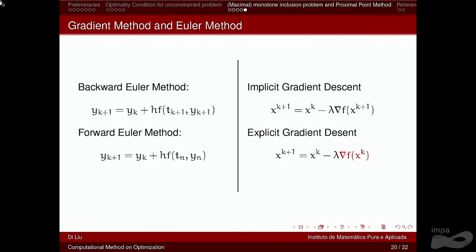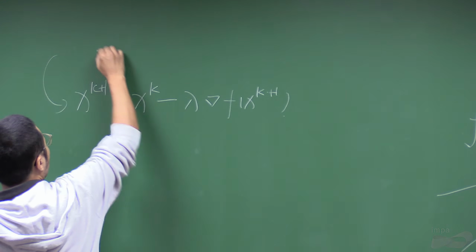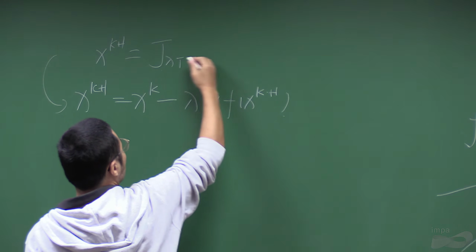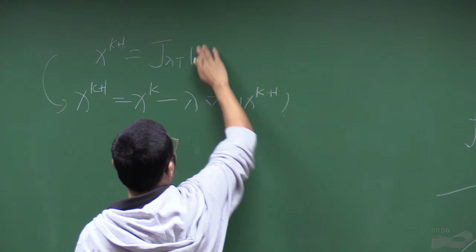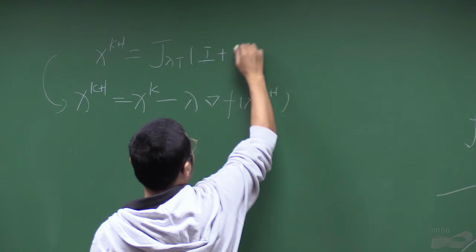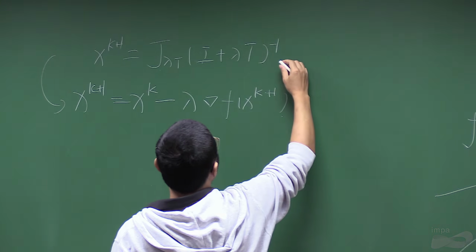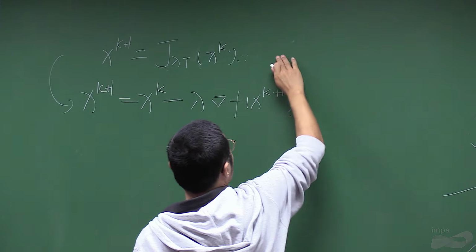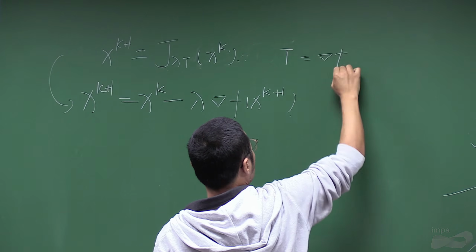Okay, so xk plus 1 equals xk minus alpha times the gradient of f at xk plus 1. This comes from xk plus 1 equals the resolvent of operator T, the inverse of the identity plus lambda T, applied to xk, and T is the gradient of f.